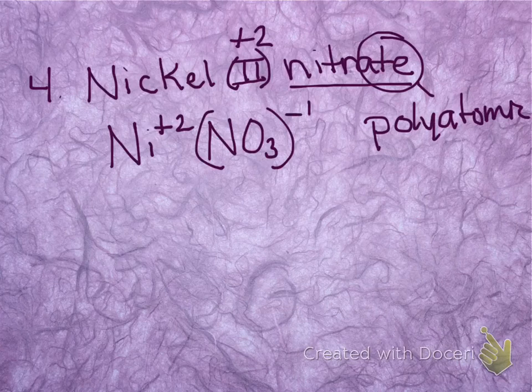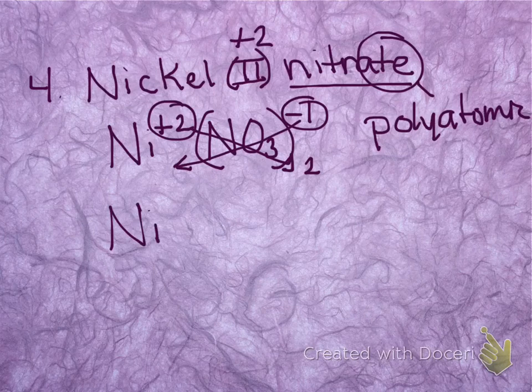The whole thing has a -1 charge. So this gives us both a transition element and a polyatomic ion. We take our charges, crisscross them down, remember outside of the parentheses. This gives us Ni parentheses NO3 parentheses 2. So nickel 2 nitrate is Ni(NO3)2.